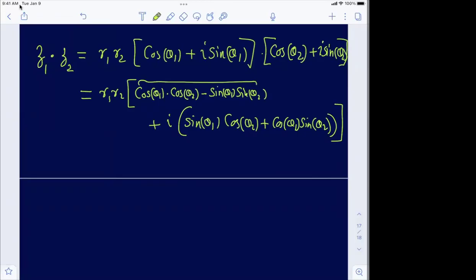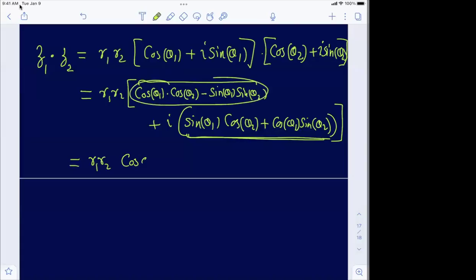And similar to that, if you consider sine of theta 1 plus theta 2, if you expand it, this is what we would get. So in other words, this is the formula for cosine of theta 1 plus theta 2, and then i sine of theta 1 plus theta 2 is the second component. So what we essentially get is this.